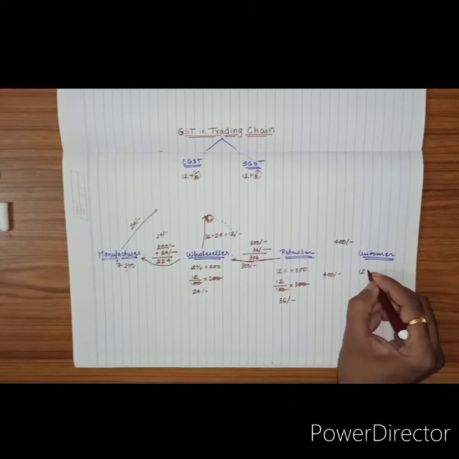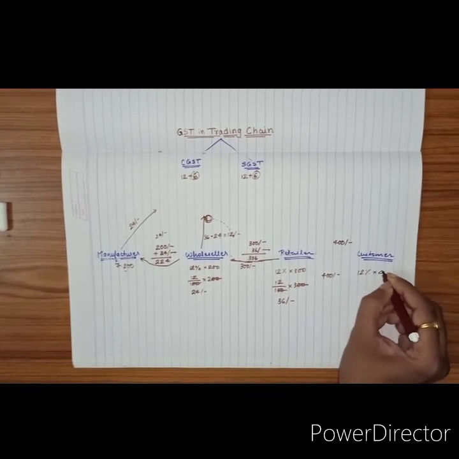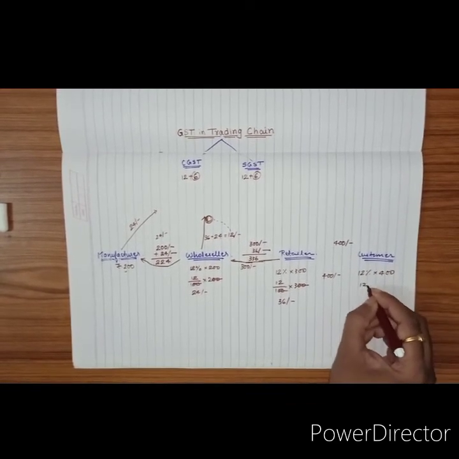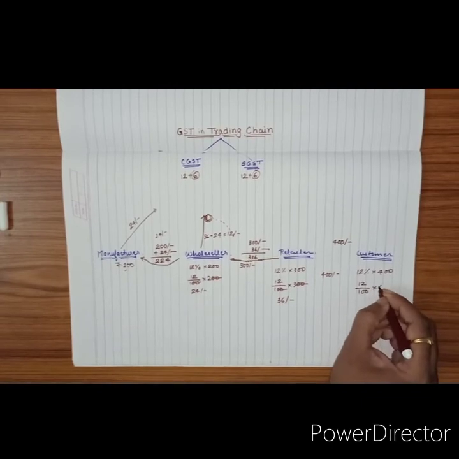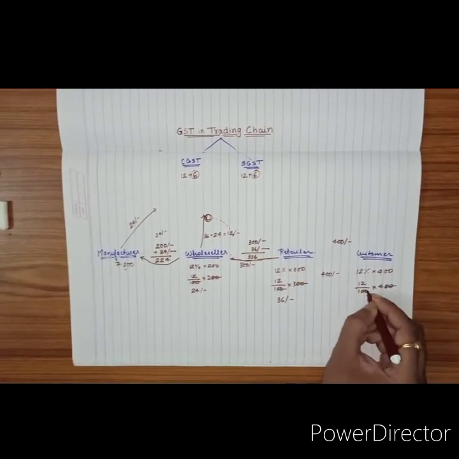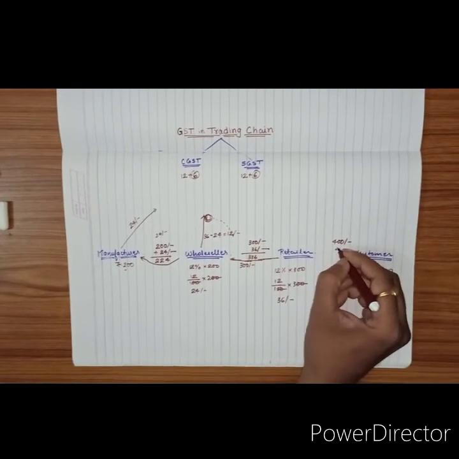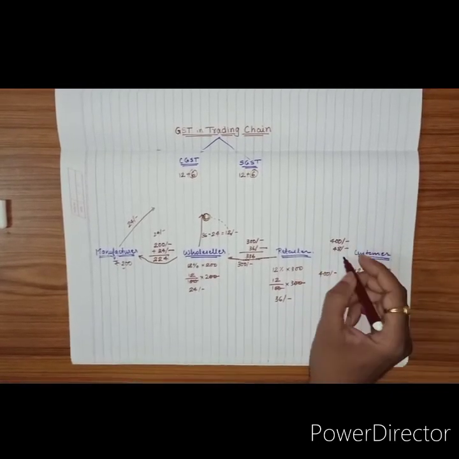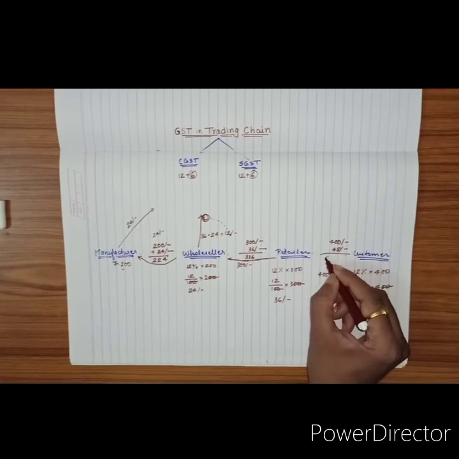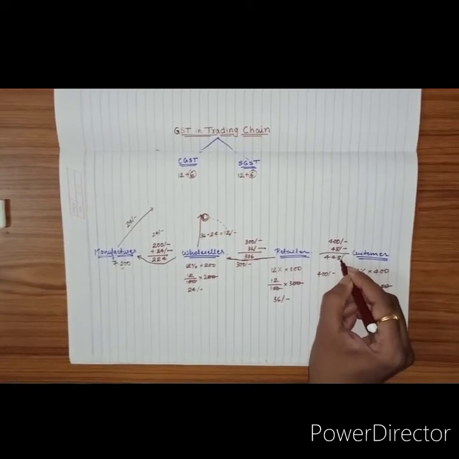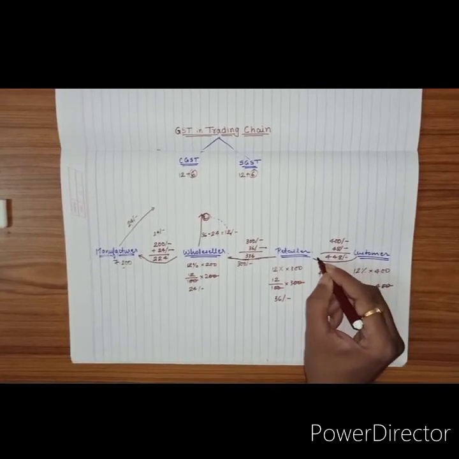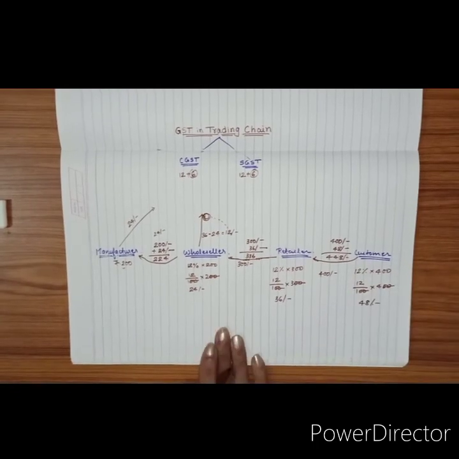Again 12% of GST is applied on 400 rupees. So 12 upon 100 into 400. So these zeros go off. This 48 rupees will be added into the total amount that has been told by retailer. So total amount is 448 rupees that the customer is paying to the retailer for the same watch.